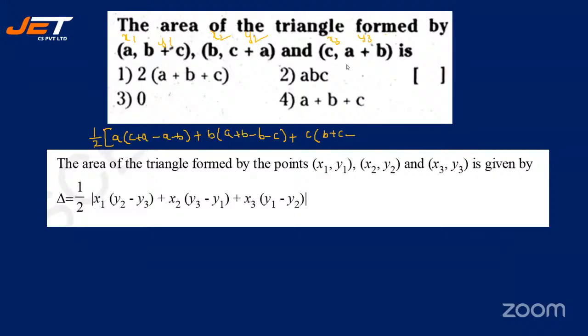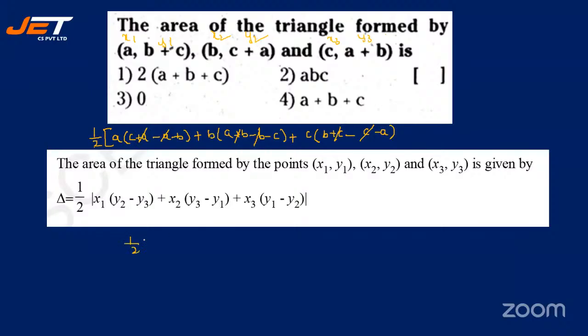So what is y2? Minus c minus a. All right, so now just cancel plus a minus a, plus b minus b, plus c minus c. Now what do you get?